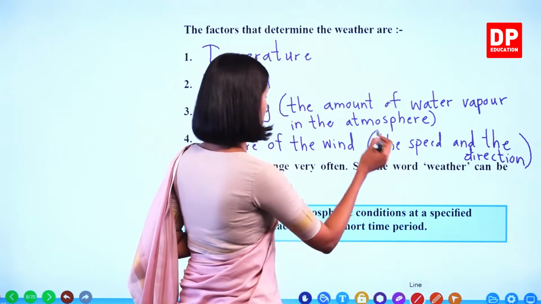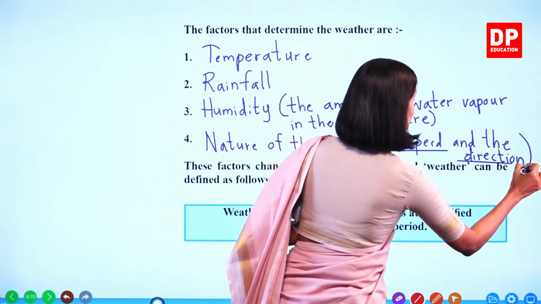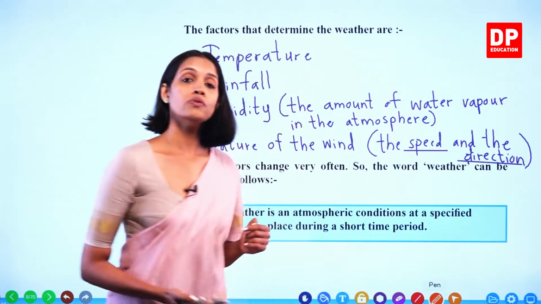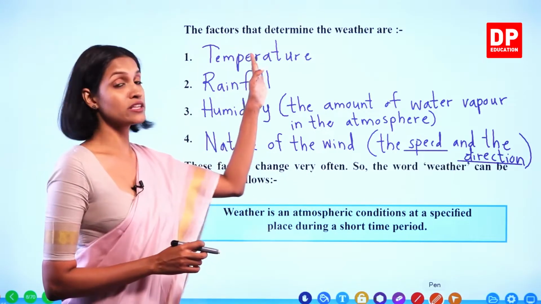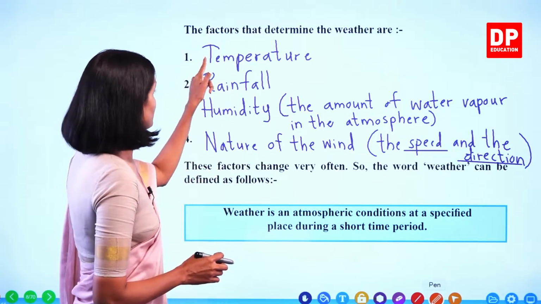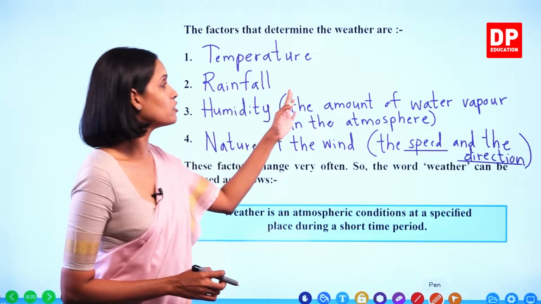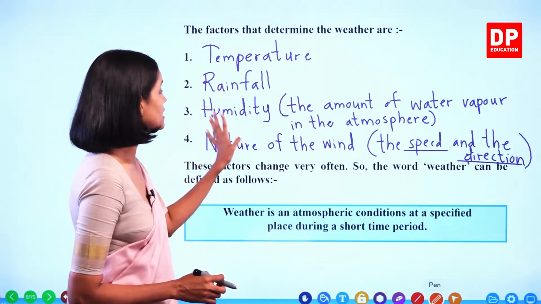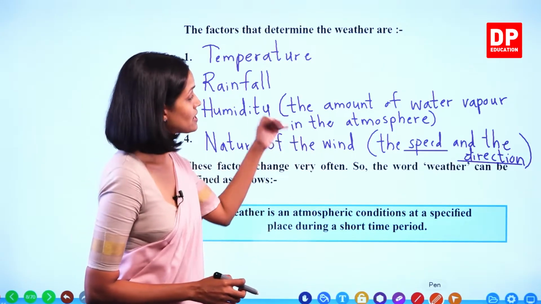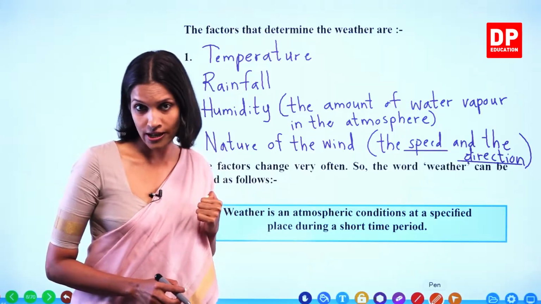Okay? The speed of the wind and the direction of the wind. Okay, children? Right? So the factors that determine the weather are temperature, rainfall, humidity, which means the amount of water vapor present in the atmosphere, and finally the nature of the wind, which means we can consider the speed of the wind and the flowing direction as well.